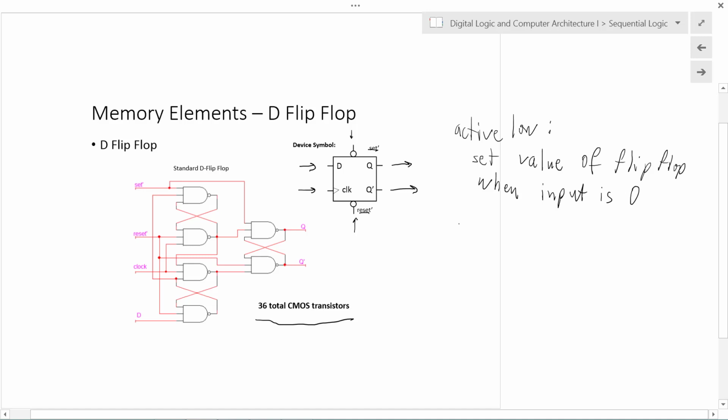Set prime equals 0 implies Q equals 1. Reset prime equals 0 implies Q equals 0.